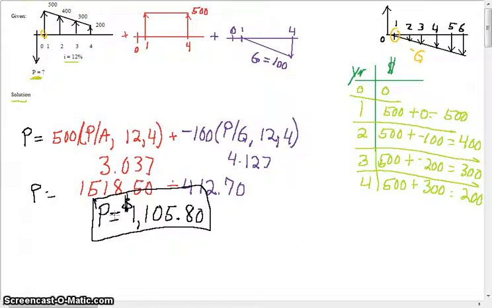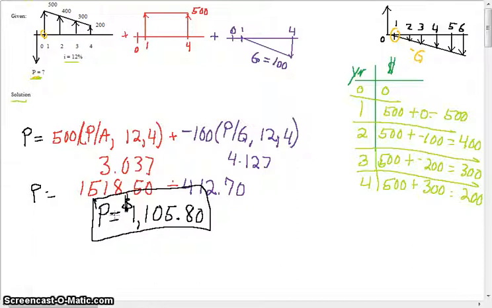Okay, notice one other thing in gradients. If you look in the front of your book, there is no find F given G. There is no future value for G. And what you could do then is you have two options. You can take your gradient to a uniform series using find A given G, or you can take your gradient to a present value and then take a second step and use your single payment method and take the P and move it to an F if you need to find a future value.